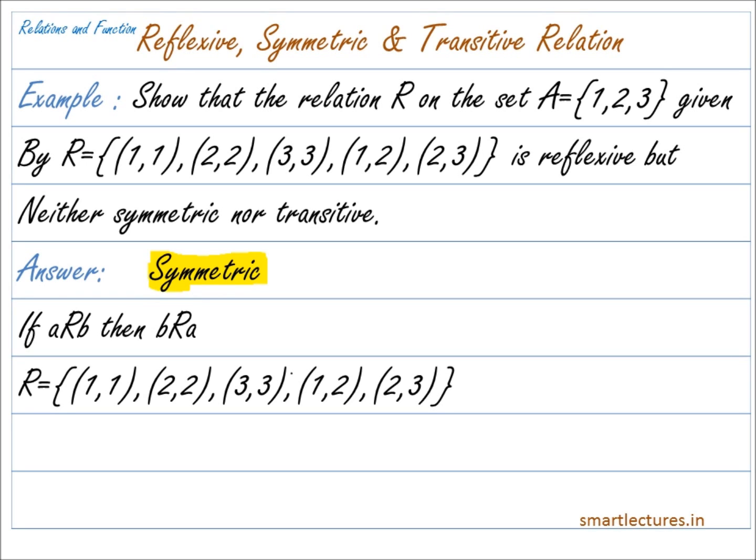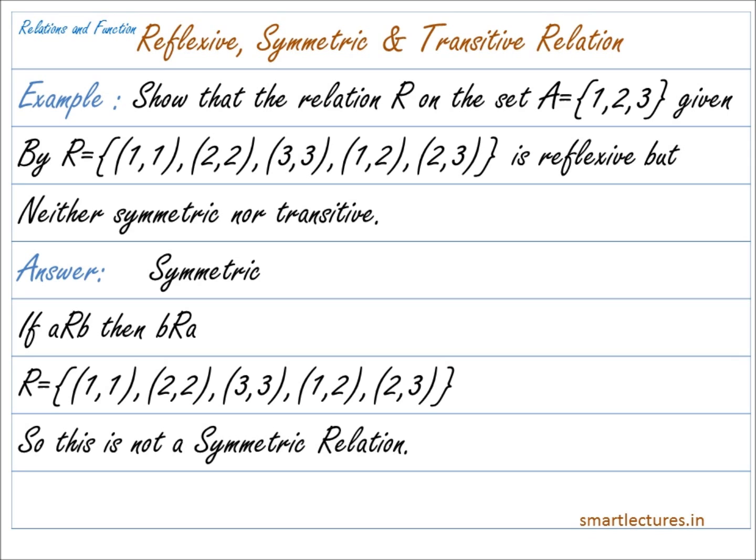Let's check each element. (1,1) is related, and when we interchange the position, we have (1,1) again, so it is still related. (2,2) is also related, and (3,3) is also related, because the elements are the same. Now (1,2): if we change the position, it becomes (2,1), which is not a part of this relation. Similarly (2,3) becomes (3,2), and (3,2) is not a part of this relation. So this relation is not symmetric.